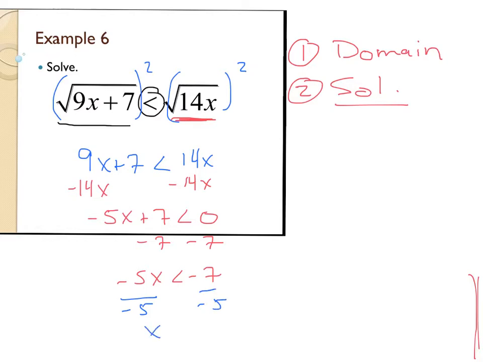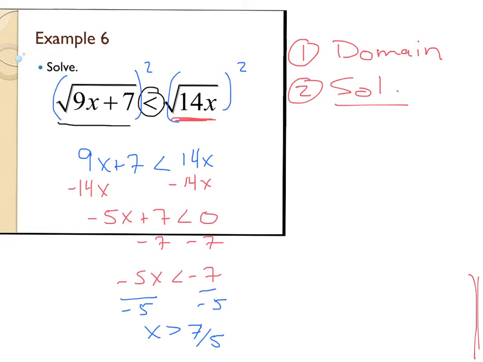So that means x is greater than 7/5. So when x is greater than 7/5, we should find some sort of solution here.